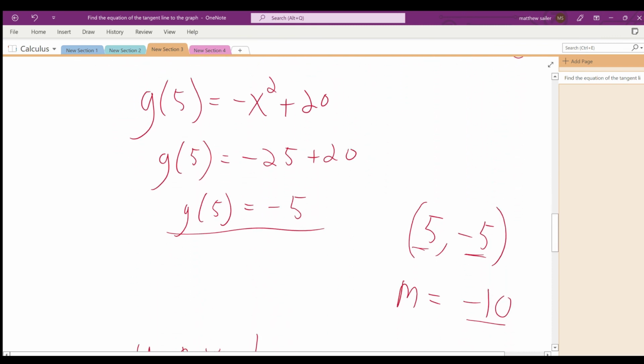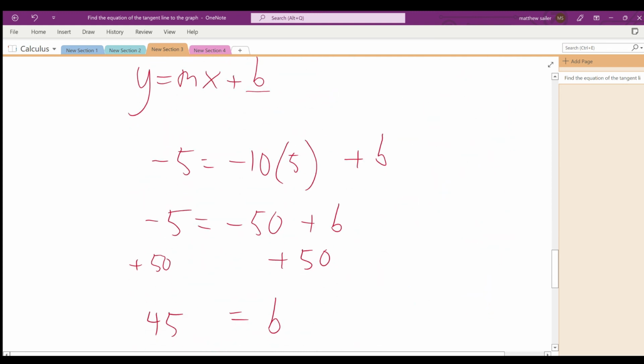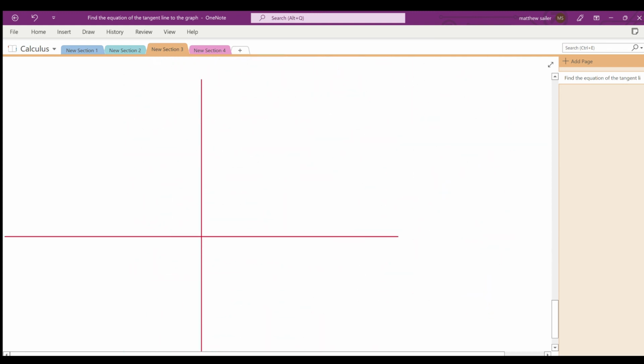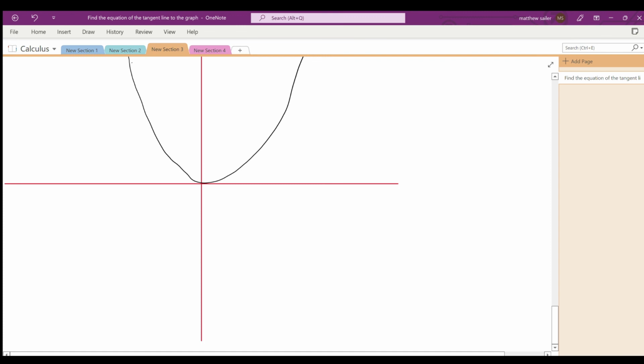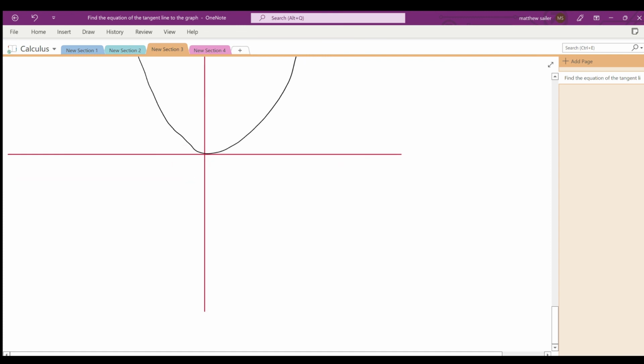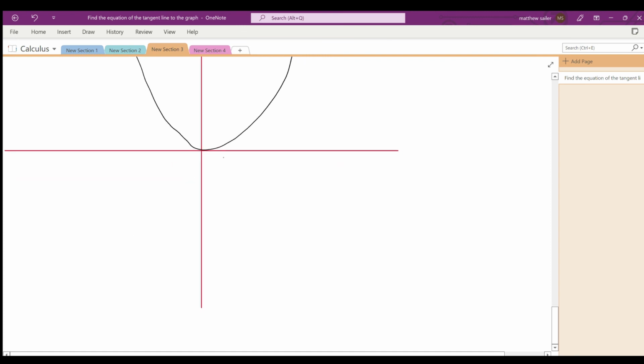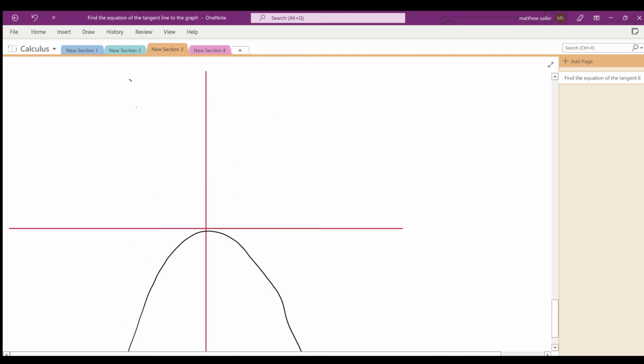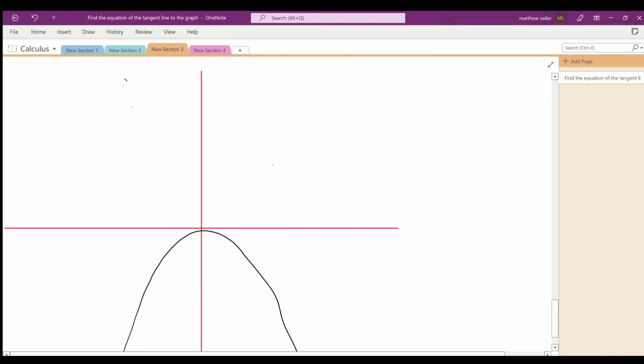And it intersects at y equals 20. And I know that because y equals x squared looks something like this. And if we have a function with a negative of every value, it's going to be flipped upside down. And when we add 20, that means we're shifting it up 20. So this is actually going to be something like this.